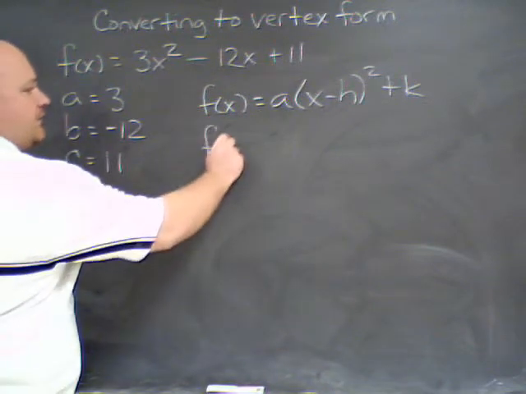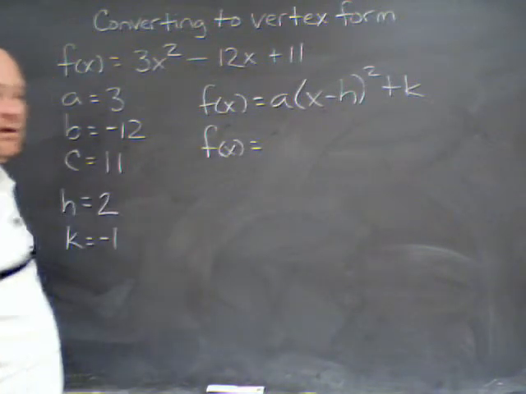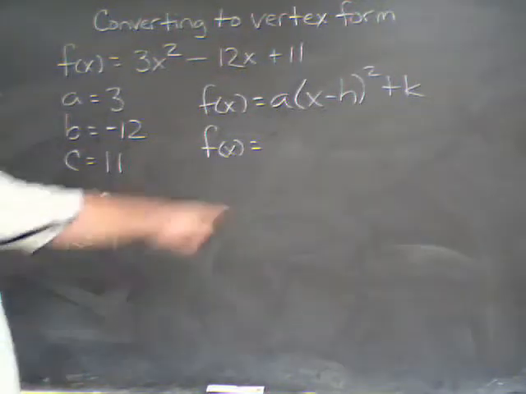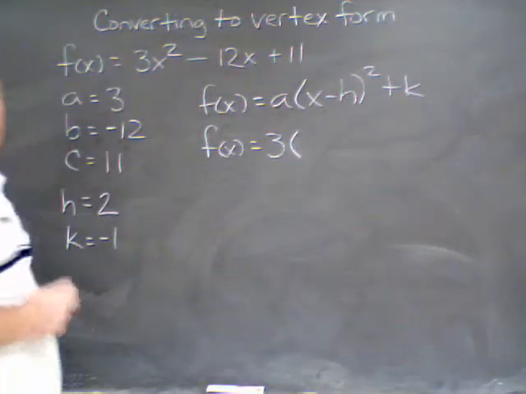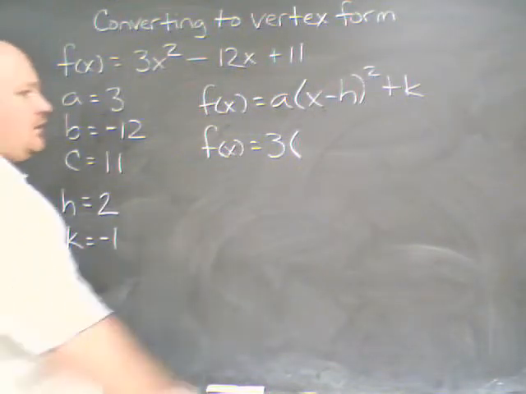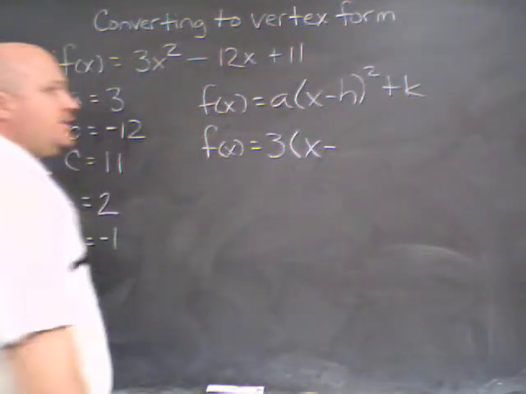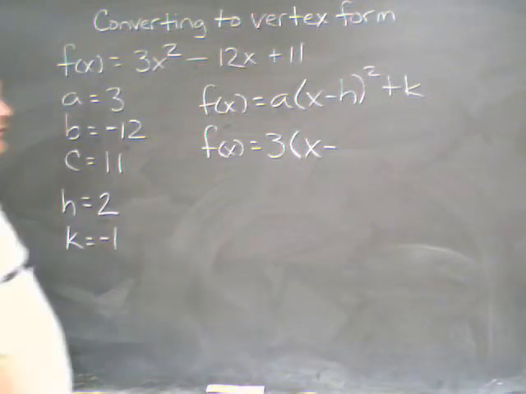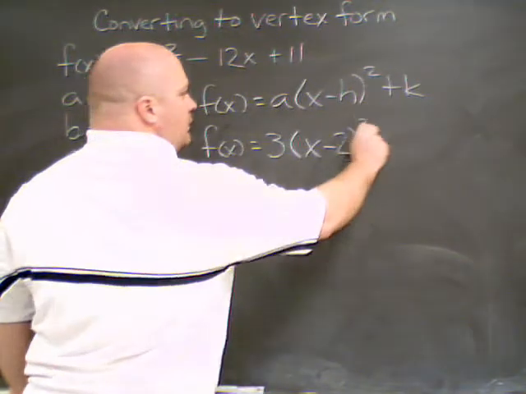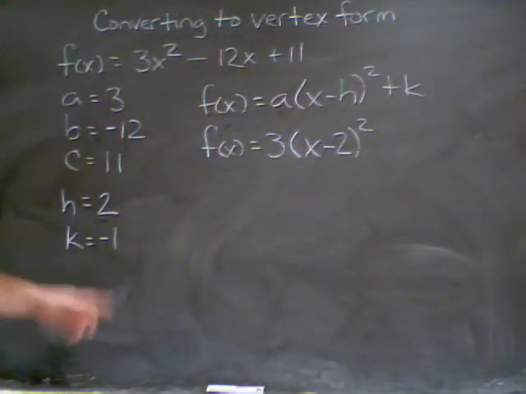Since I've got all these values, all I have to do is plug in. Well, a I know to be 3. So I'll go ahead and put that down. And then x minus h, which is positive 2. So I'll write it in just like it is.